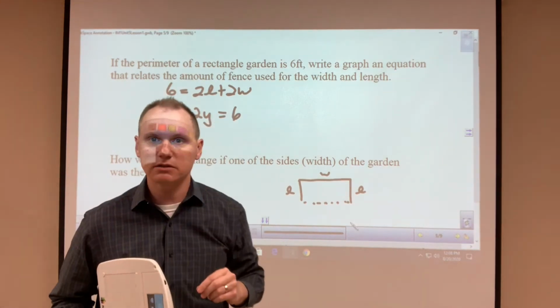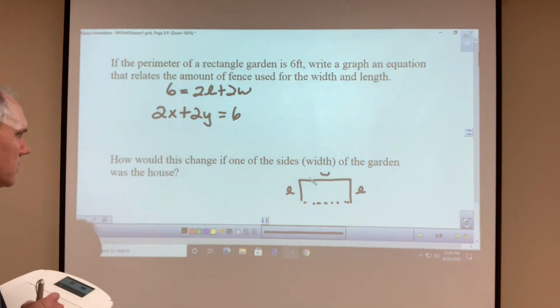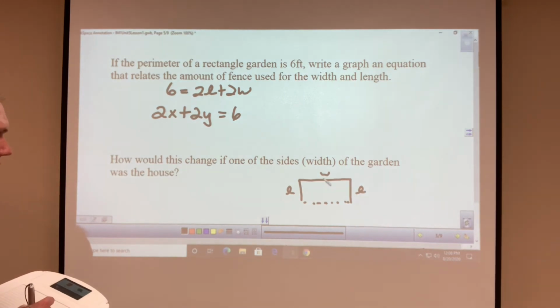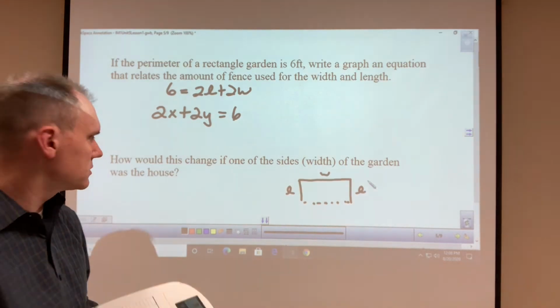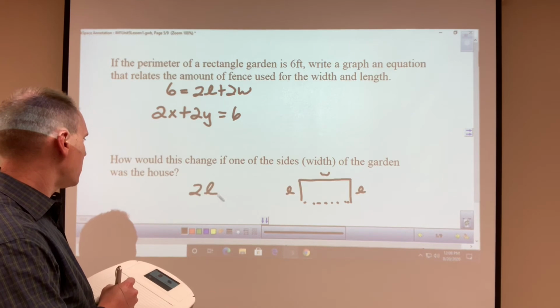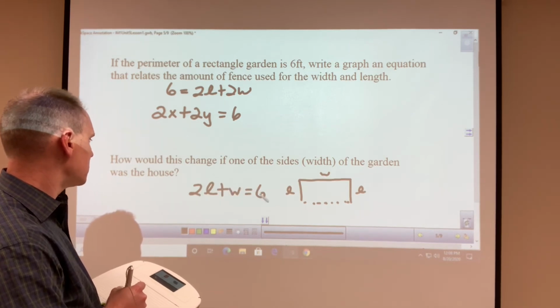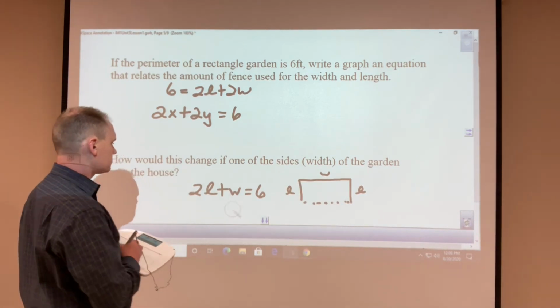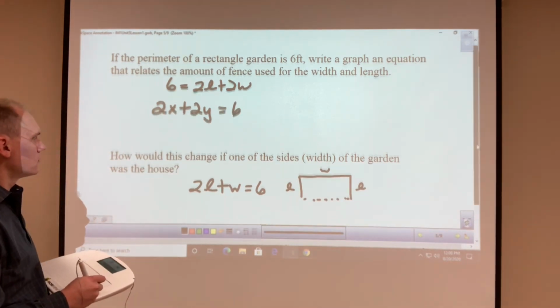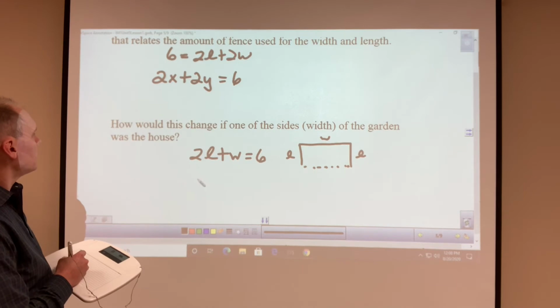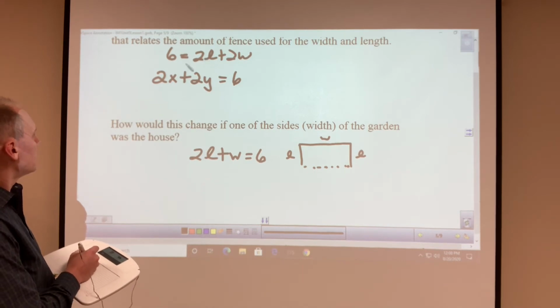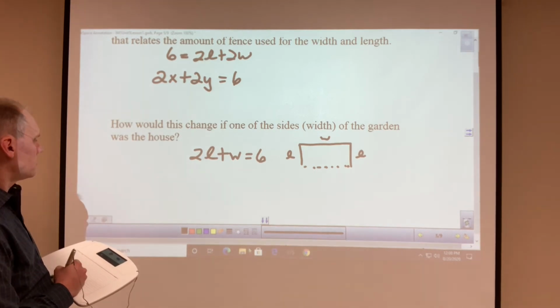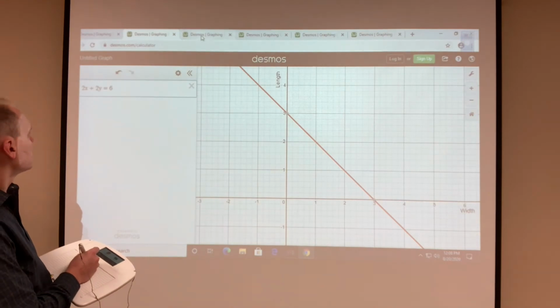We'll say it's still 6. So how does that change things? Well, so now 2L plus W should still be 6. So we have 2L plus W equals 6. Let's see, L up here, just make sure here.